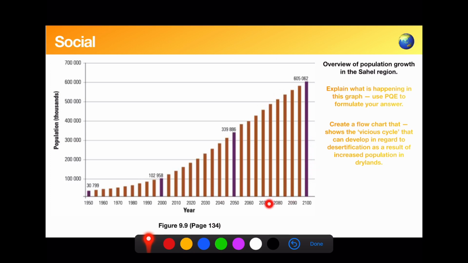Name that problem. You're going to find there's actually a cycle. We're getting stuck in this cycle. This population is not decreasing, it's going to exacerbate problems. I want to know what problems. Show me that you know what problems are going to be created with population growth in regard to desertification.